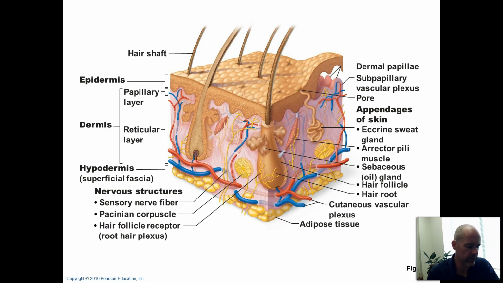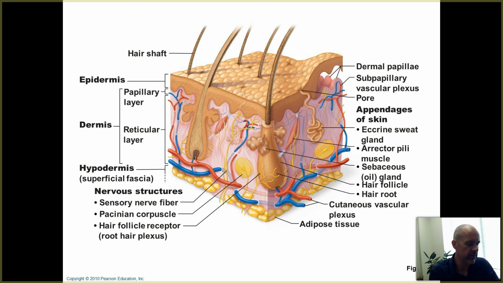Alright, here's our good old skin chunk diagram. This will become very familiar to us as we move through Chapter 5. Okay, so on our diagram here, this uppermost layer represented in brown is the epidermis. Again, that's microscopically thin. The whole pink area you see here is the dermis.